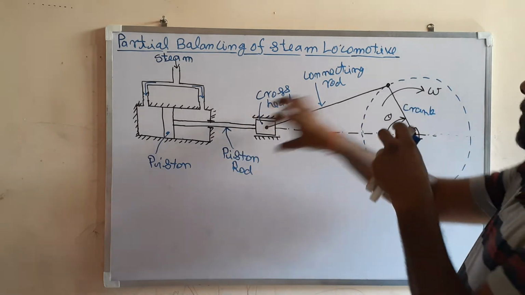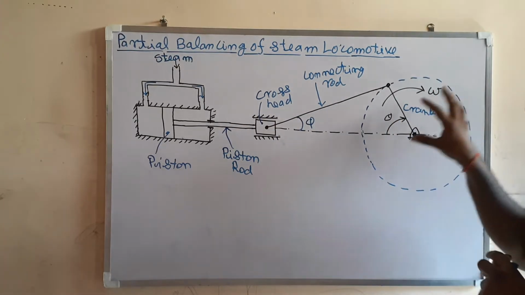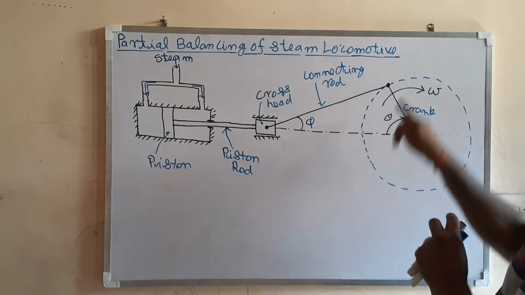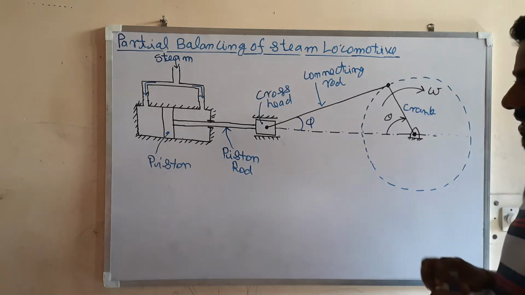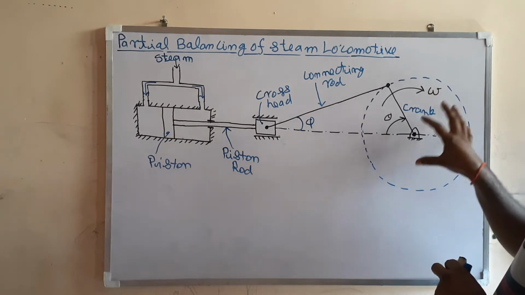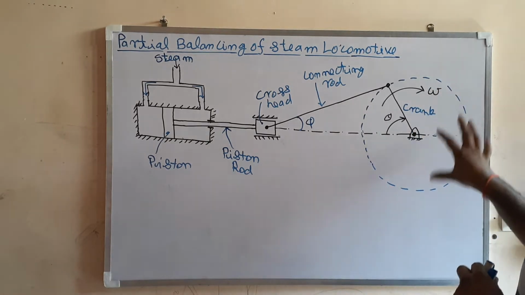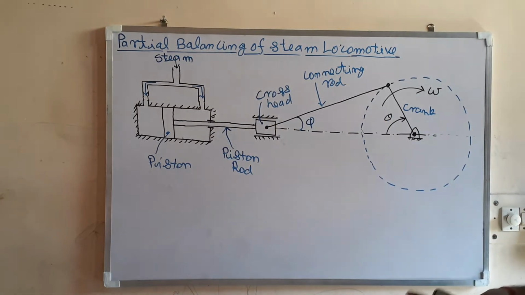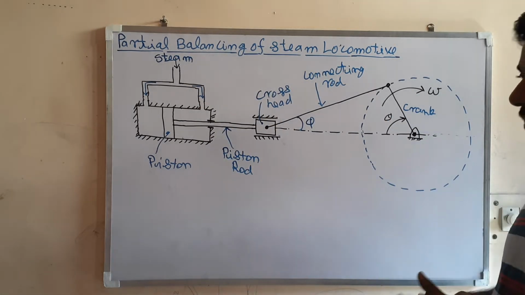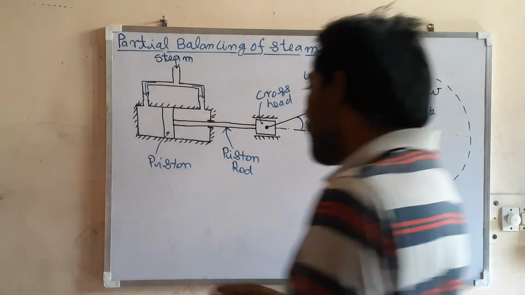So power is given directly to the wheel, and that power is driving the wheel. That's why we call this a driving wheel. So this will rotate, meaning the engine will move, meaning it will carry the train. That is the actual scenario.